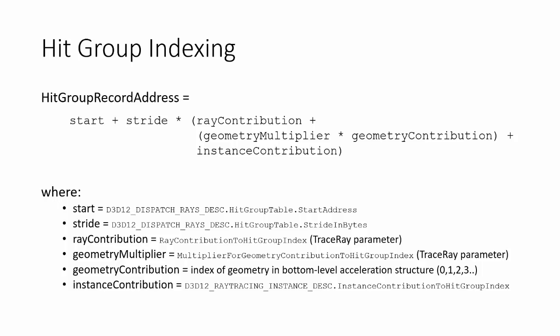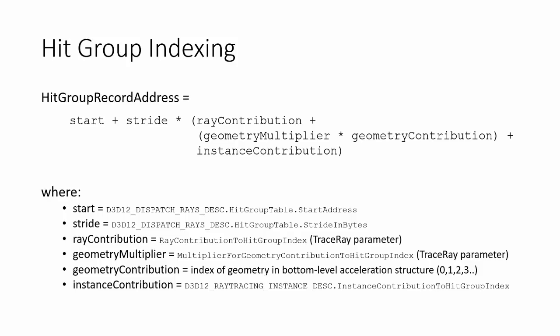Hit group indexing is a little bit more interesting because when we hit something, we are going to want to shade it. And the way we shade it is going to be different depending on what it was that we hit. So the selection of which hit shader to run is a combination of the ray contribution, which was a parameter to trace ray, the geometry multiplier times the geometry contribution.